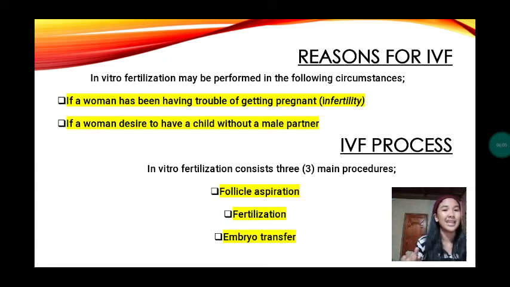The second one is if a woman desires to have a child without a male partner. So let's continue our IVF process. In vitro fertilization consists of three main procedures. The first is follicle aspiration, second is fertilization, and third is the embryo transfer.